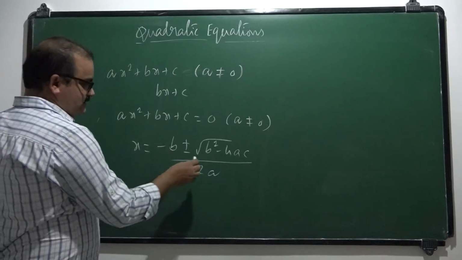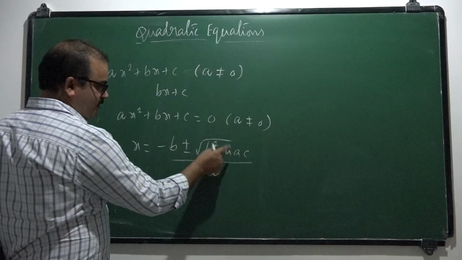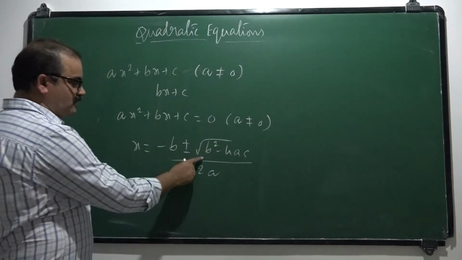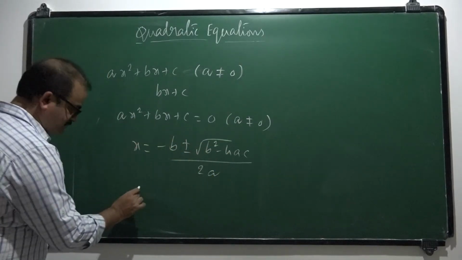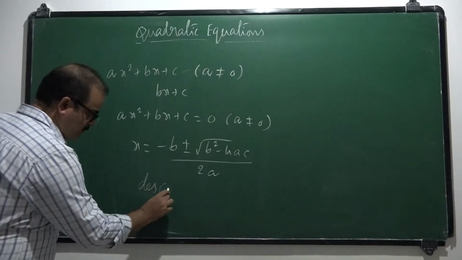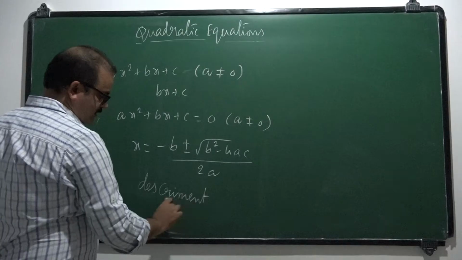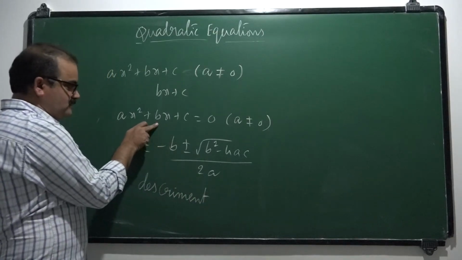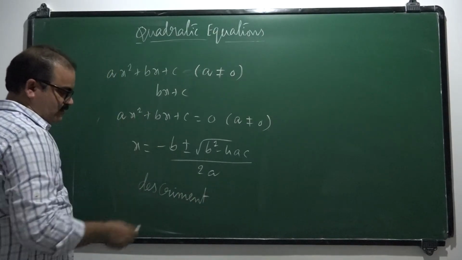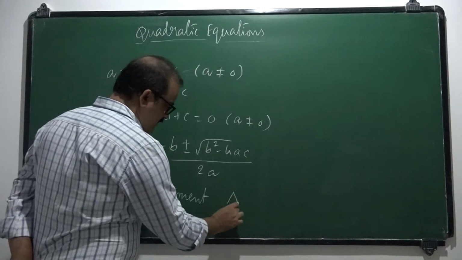Now in this part b square minus 4ac is called discriminant. This is called discriminant of this quadratic equation and it is denoted by delta.